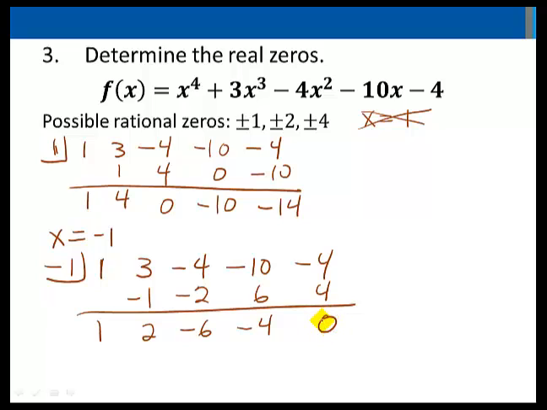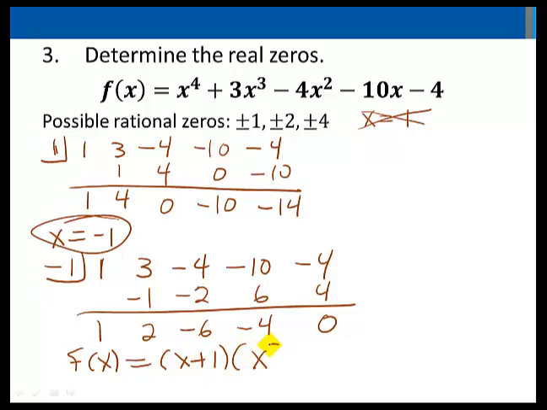So not only does that tell me that x equals -1 is a zero of f(x), it also allows me to factor f(x) into (x + 1) times (x^3 + 2x^2 - 6x - 4).